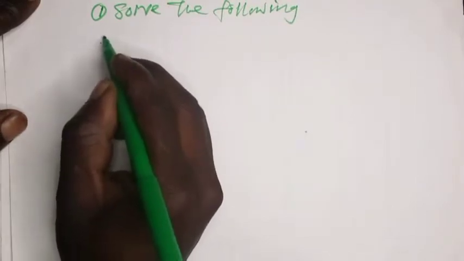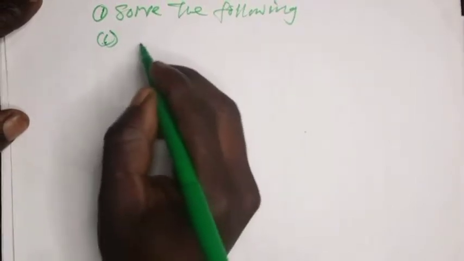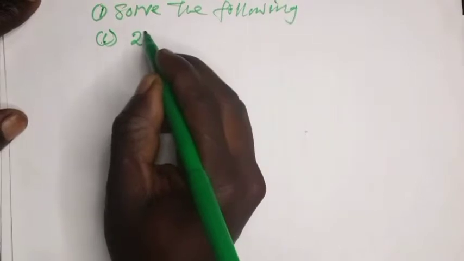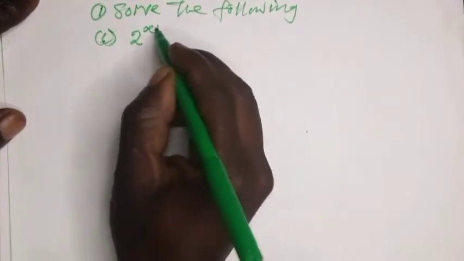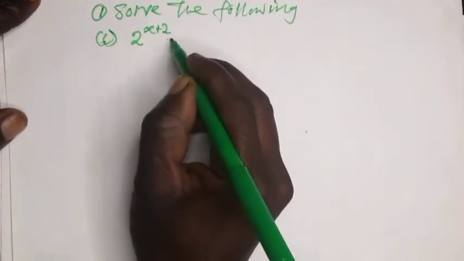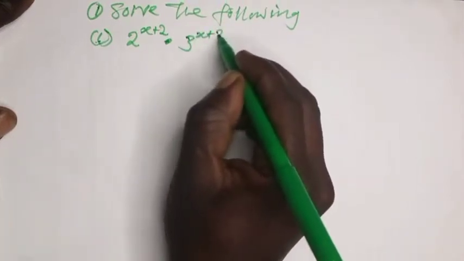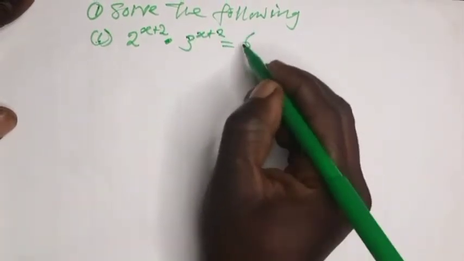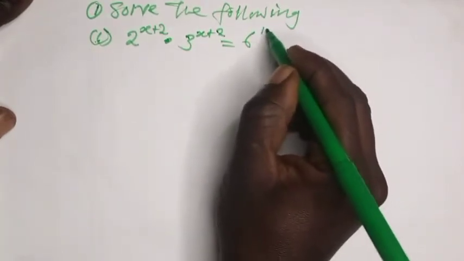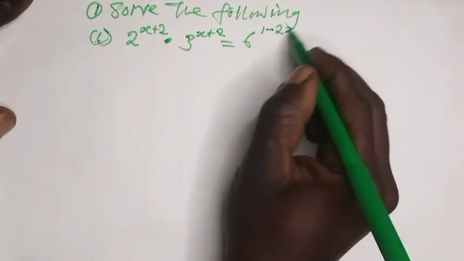If we have Roman numeral 1, we have 2 power x plus 2 times 3 power x plus 2, which equals 6 power 1 minus 2x.